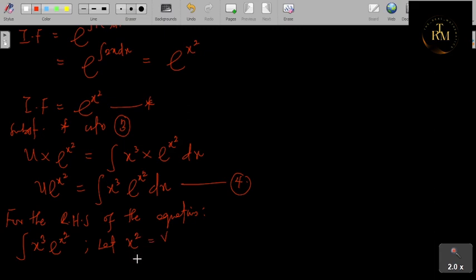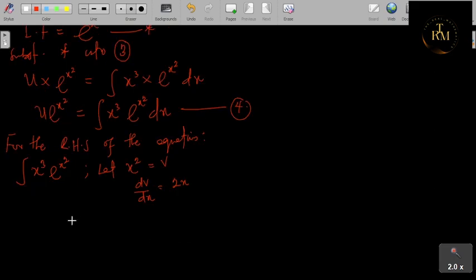Then I'll differentiate v with respect to x. So dv over dx definitely will give me 2x. So now I can make dx the subject, because there is a dx here. Making dx the subject, I have dv equals 2x dx, so dx becomes dv over 2x.